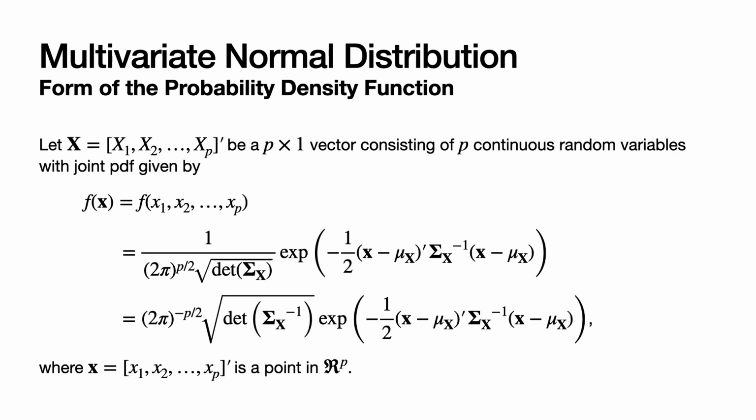And here the lowercase x vector, x1 through x sub p, is a point in a p-dimensional Euclidean space, which we denote by cap r raised to a p.